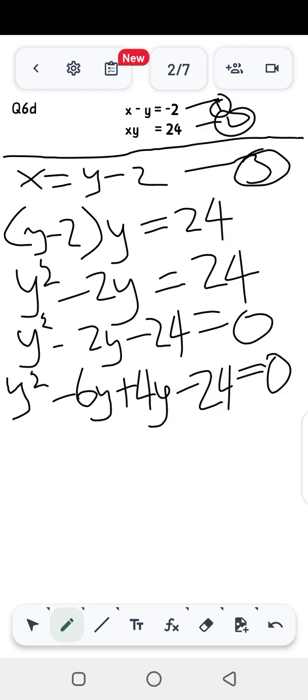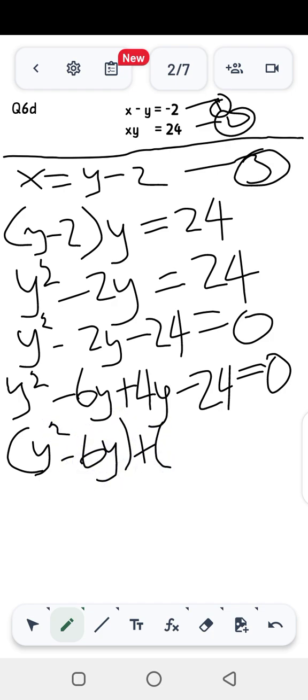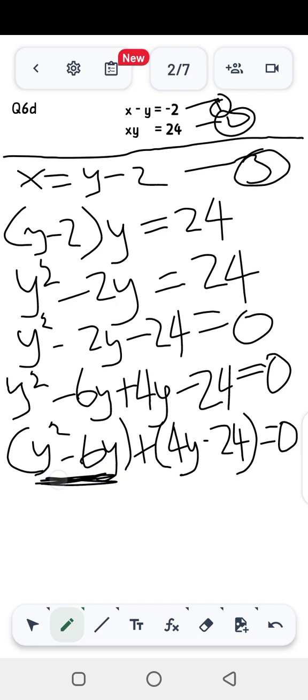So next we do grouping. I have y squared minus 6y, plus, in bracket, 4y minus 24 equal to 0. The next thing we do is factorize. When you factorize from this, we are going to have y outside, then y minus 6.